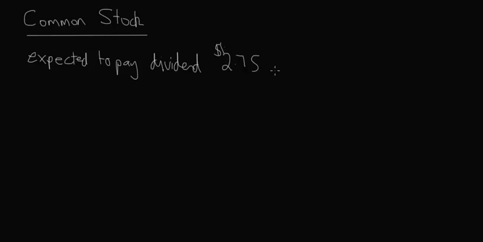Let's say a company is expected to pay a dividend, let's say of $2.75 annually. Okay, everything on an annual basis.